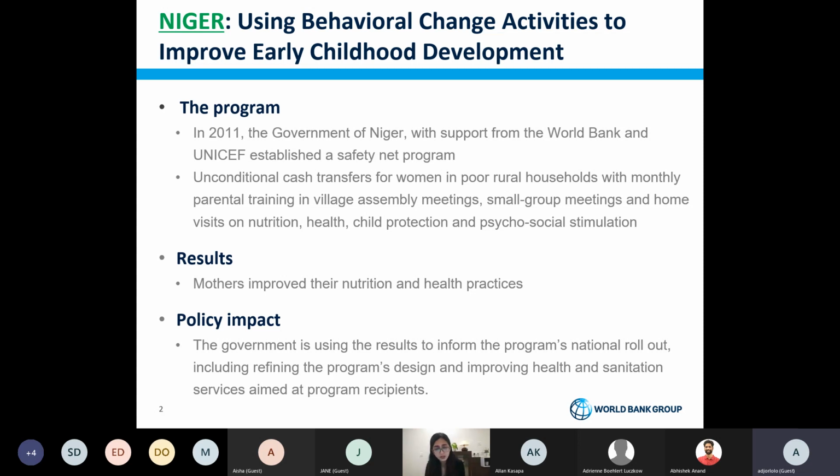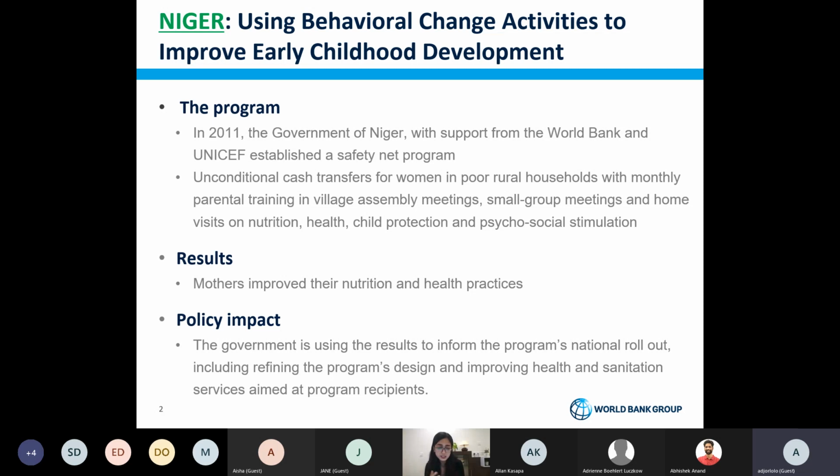Now, when this intervention was implemented by the government of Niger, it resulted in mothers improving their nutrition and health practices, which of course translated into positive effects on socio-emotional development. Even though it led to positive effects on socio-emotional development, it had no effect on cognitive or physical development of the children. So these were the results of the evidence, the research. Now, policy impact.